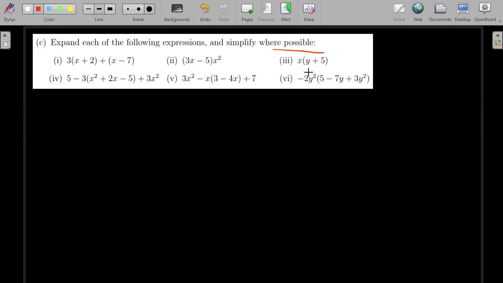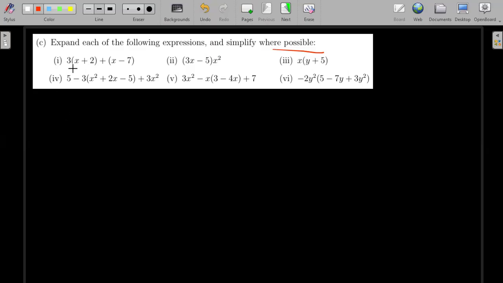It's just taking whatever is outside the brackets and distributing it to what is inside the bracket. Once you make your distribution, you collect like terms, or group like terms together. Once you group those like terms together, it means you have expanded and also simplified. So that's what you're going to be doing on this question.